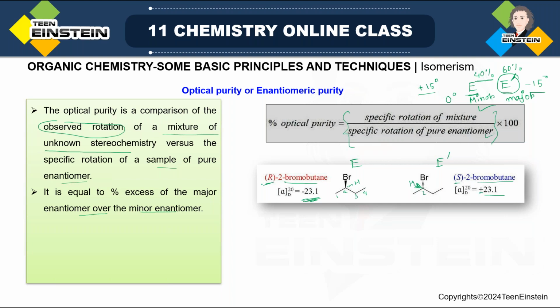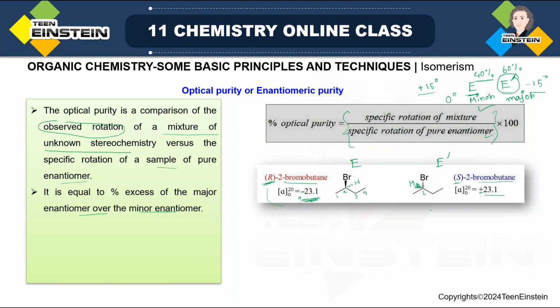But don't think that because R is mentioned here and a negative sign there, meaning anti-clockwise, R is always associated with a negative sign and S is always associated with a positive sign. No, there is no such correlation. We'll come to that point in the next slide.